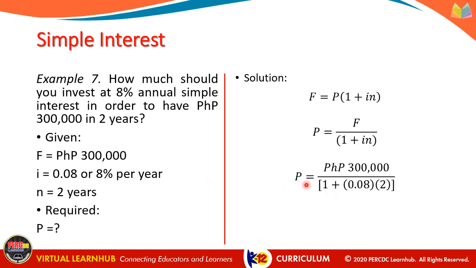Principal P is equal to 300,000 pesos over 1 plus 0.08 times 2. Our answer would be 258,620.69 pesos.